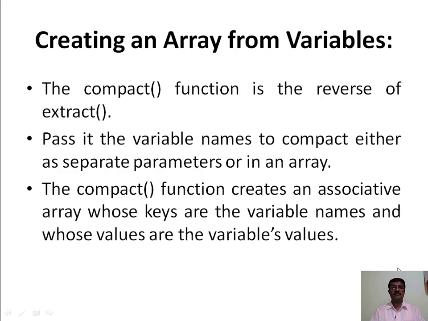It will accept a set of individual variables, and then convert them into an associative array. Here we can pass the individual variable names to compact either as separate parameters or in an array. The compact function creates an associative array whose keys are the variable names, and whose values are the variable values.